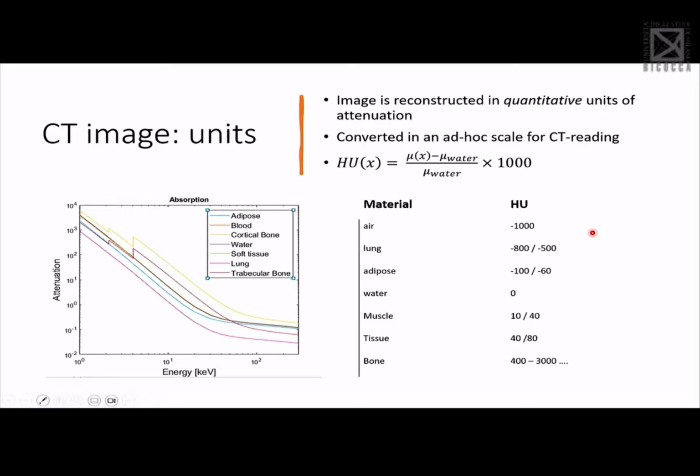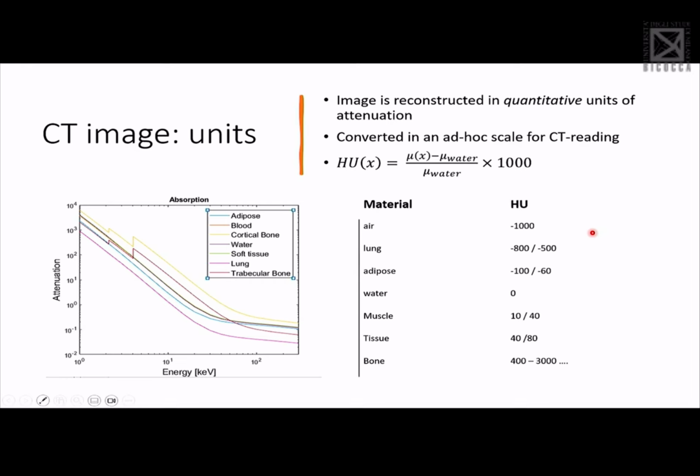So it's between -800 and -500. Fat, which we said is the least absorbing, is the blue one. Fat has -100. Water has 0 by definition, of course.